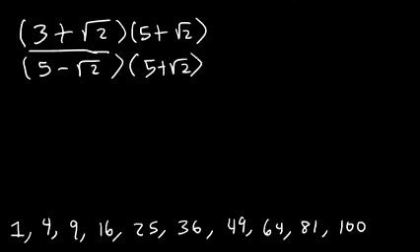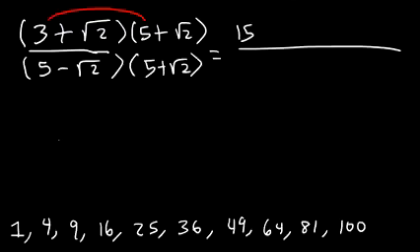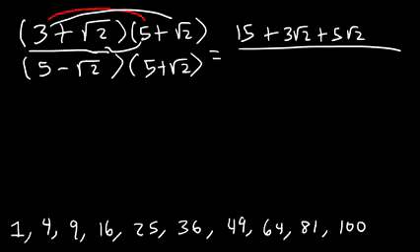So let's FOIL on top. We have 3 times 5, which is 15. And then we have 3 times the square root of 2, plus 5 times the square root of 2. And then the square root of 2 times the square root of 2, that's just 2.